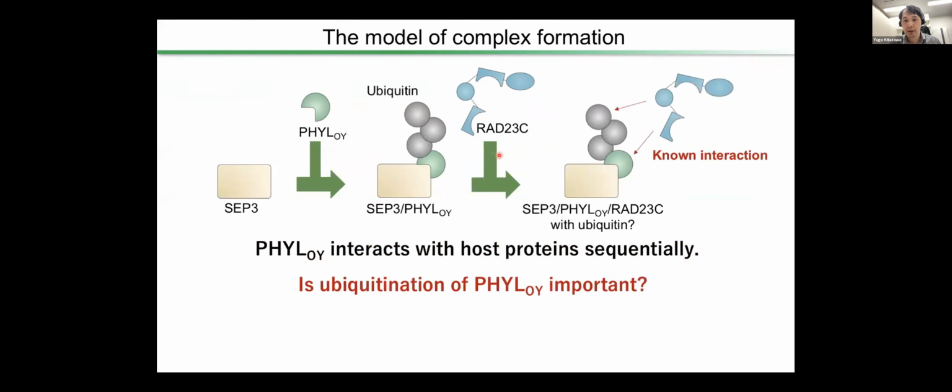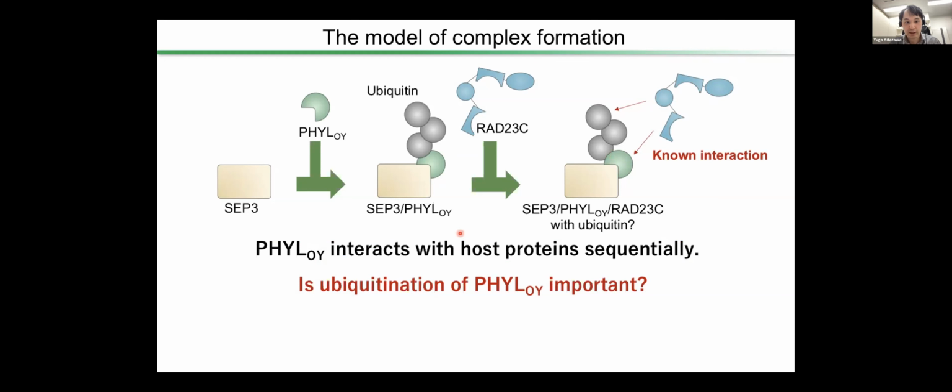Moreover, during the process, PHYL1-OY is ubiquitinated. This is interesting because RAD23 can interact with ubiquitin directly as well as PHYL1-OY, suggesting the possibility that ubiquitin has some role during the degradation.